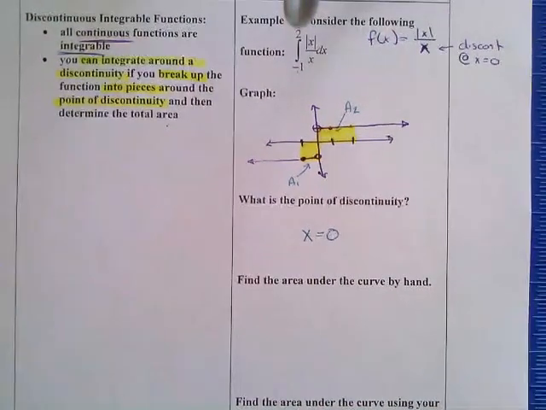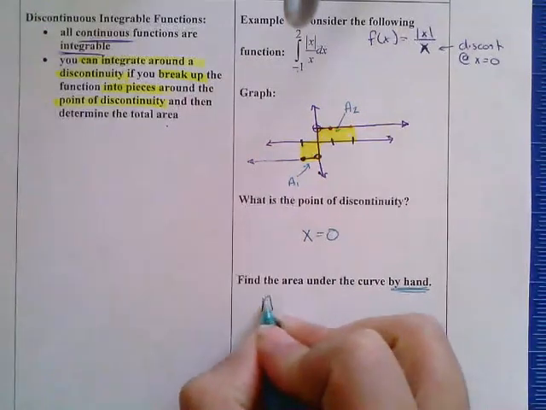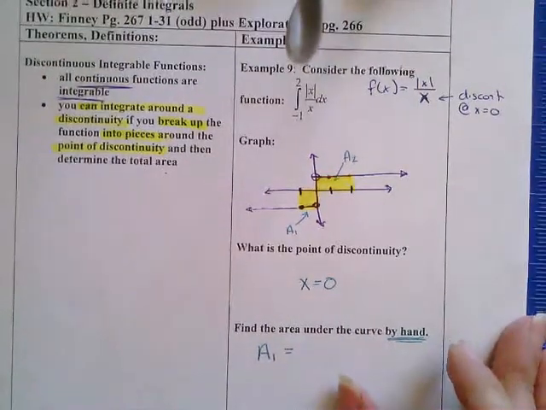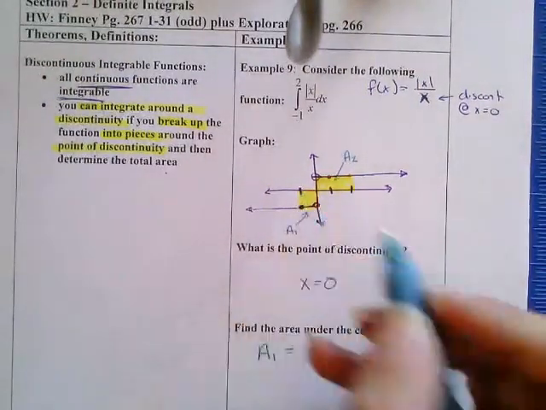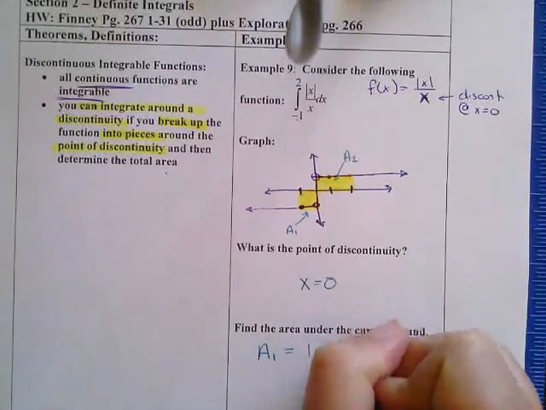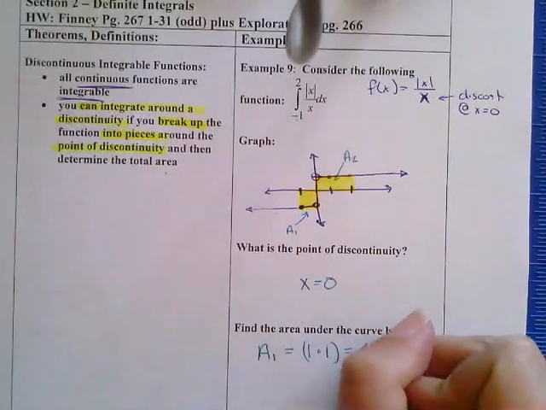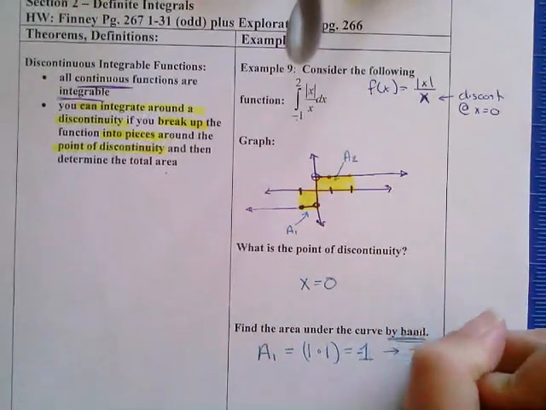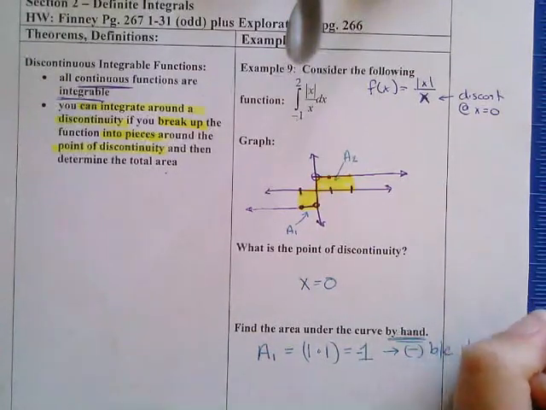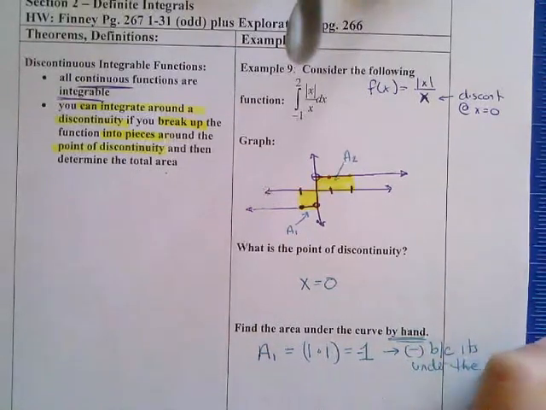So let's find the area under the curve by hand. The area of 1 is going to be equal to 1 times 1, which is 1, but it's going to be negative because it's under the x-axis.